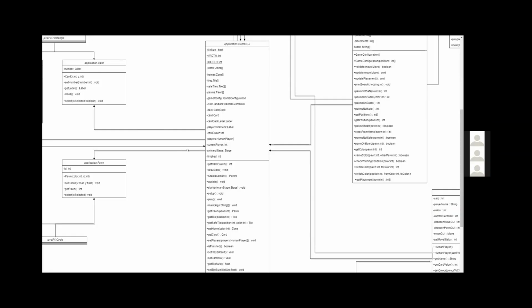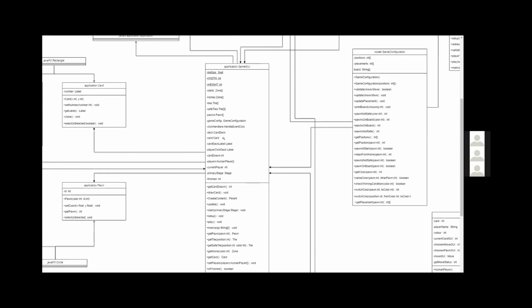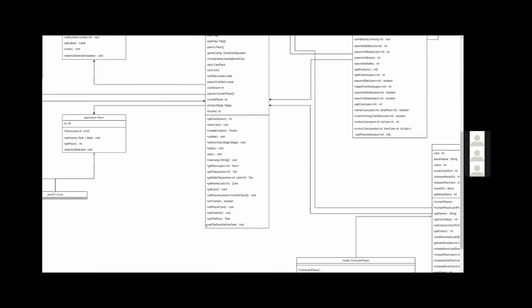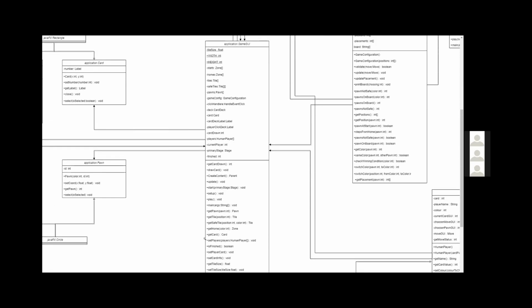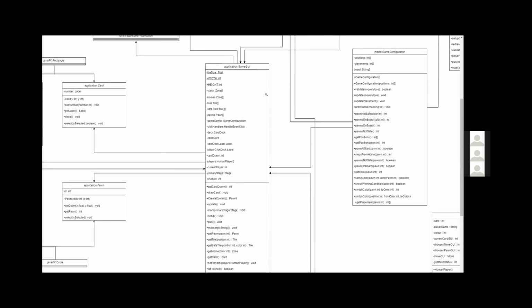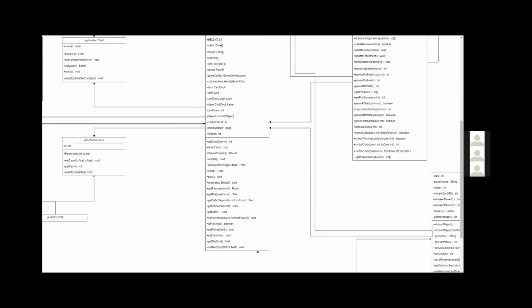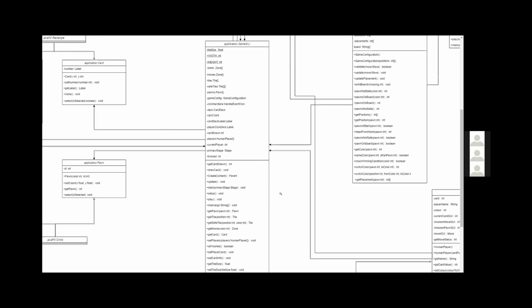Okay, so I will be talking about all the changes we have here in the class diagram. As you can see here, the game GUI class, our biggest class, the most important one in this GUI. We have implemented the resizing of the game GUI window.